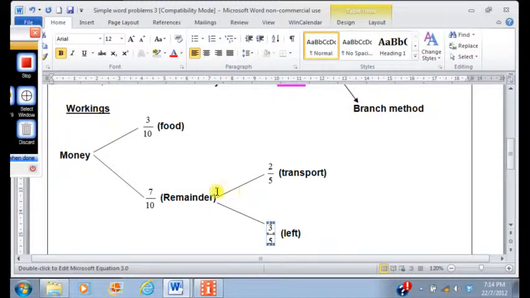Now what do we do? For this branch, if you see two fractions matched together, you will put a times here, and the same thing here as well.